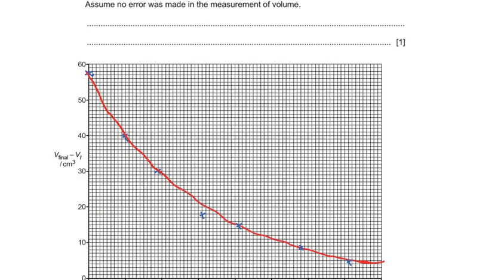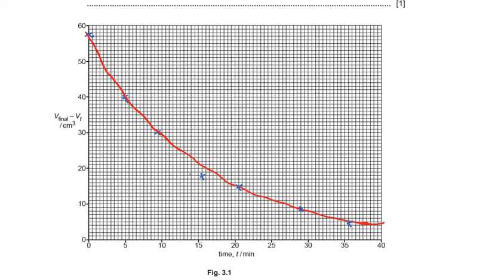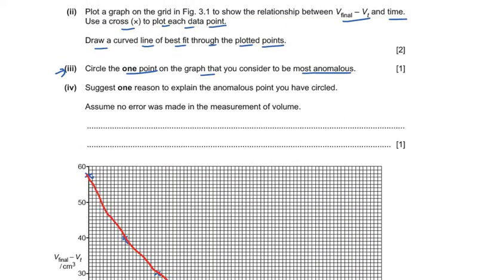Now if we talk about circling, we have one point here which is, according to me, out of the curve. The point should have been above, the volume should have been higher, but the volume has decreased, which shows that time has passed. If time has passed, that shows that the volume was measured later than the actual time.